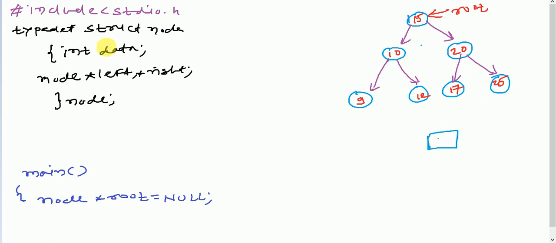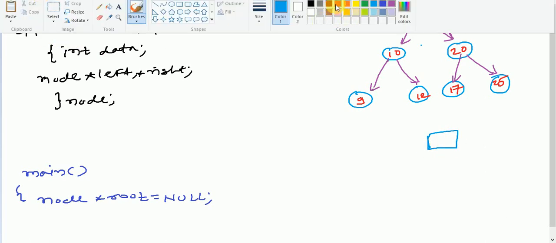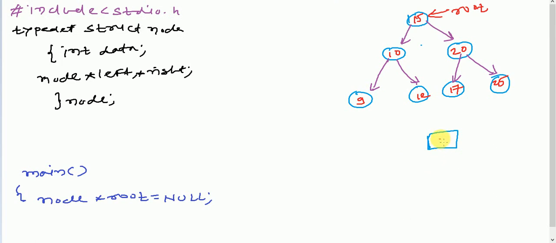So the root will get created and null I'll just write here as 0. Okay, so I'm creating root pointer. Then I want to go for the insert function. Simply we can write root is equal to insert root comma 15. So I want to insert the first node, 15.